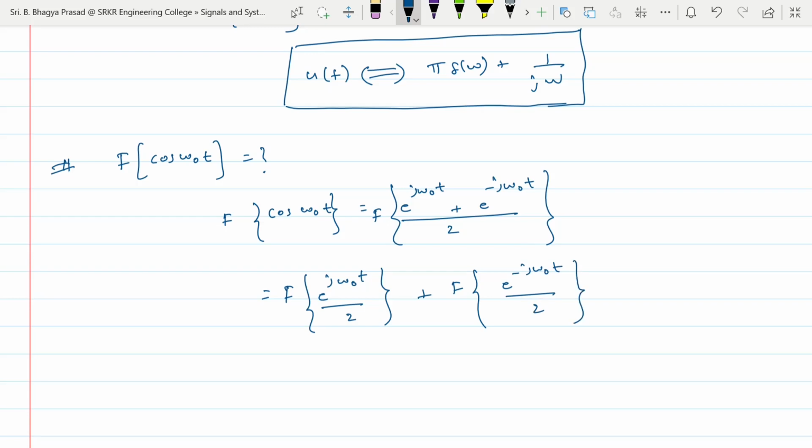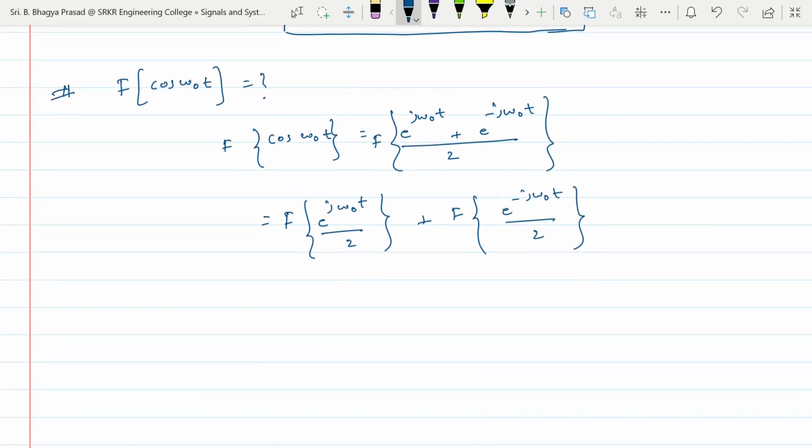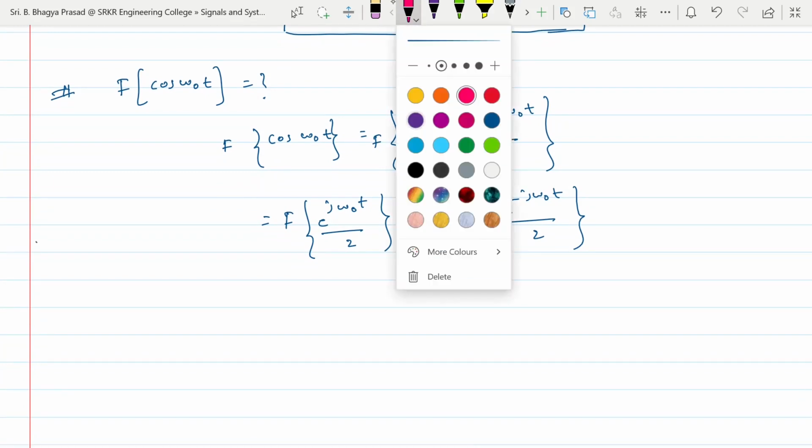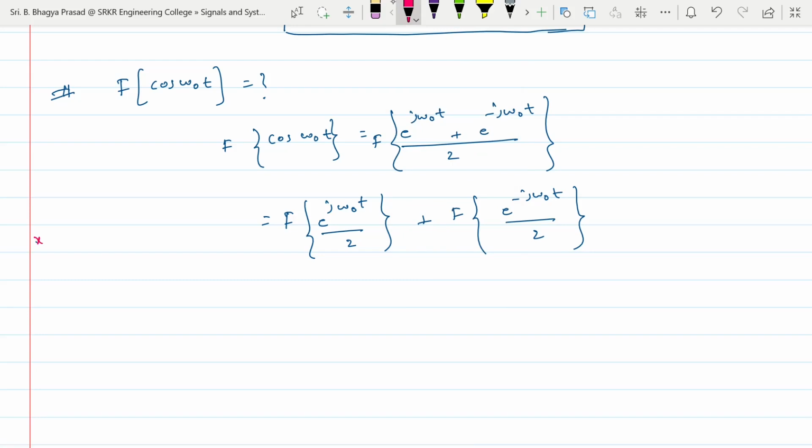Again we remember the frequency shifting property: for x of t e power j omega naught t, the Fourier transform is X of omega minus omega naught. For x of t e power minus j omega naught t, it is X of omega plus omega naught. So we use this property here.